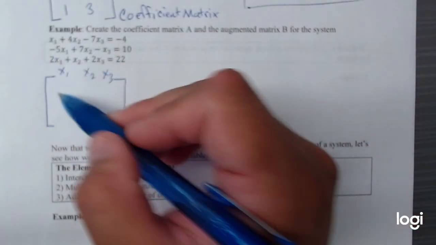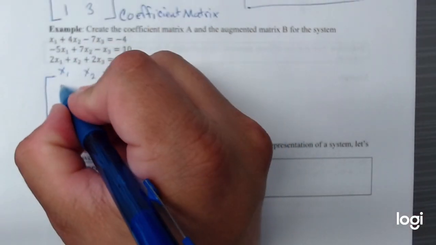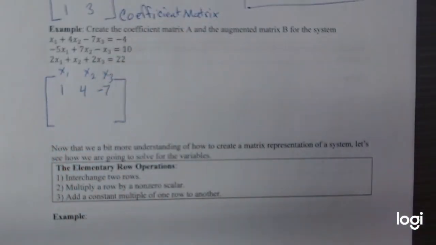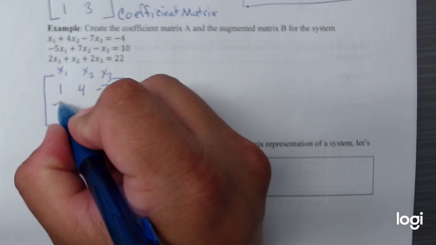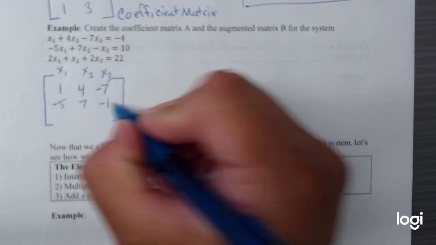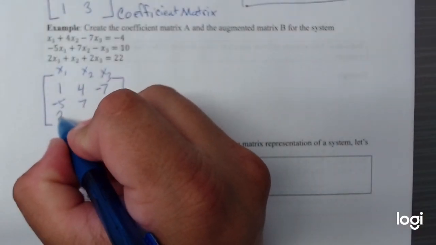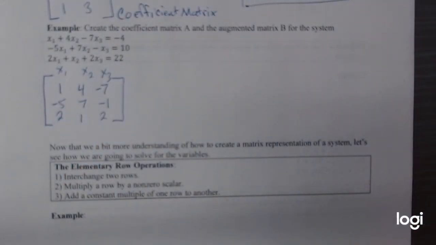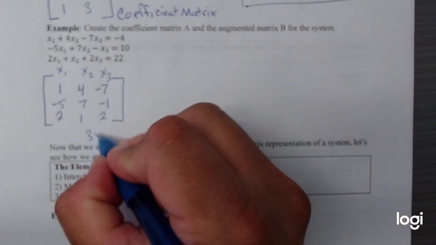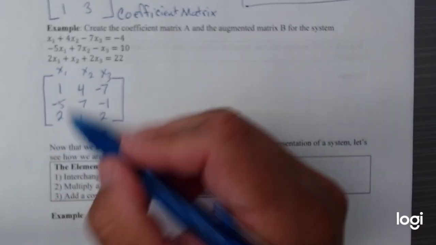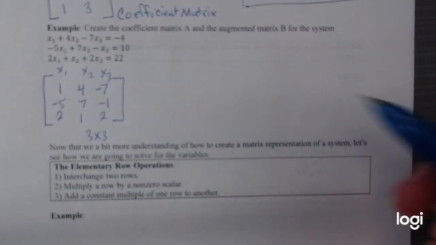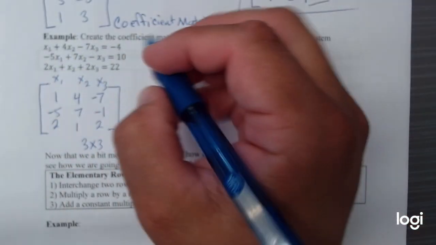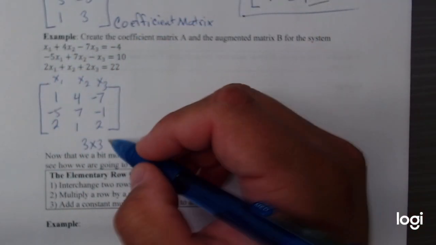So bringing down, the first row will be 1, 4, -7, then -5, 7, -1, then 2, 1, and 2. So for our coefficient matrix, this is a 3 by 3: 3 rows, 3 columns. So this is our coefficient matrix.